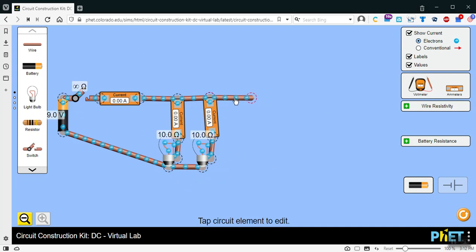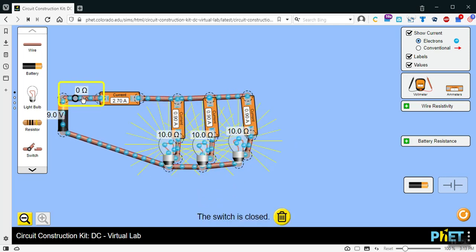And then my third one. Okay, now if I close it, they all light up.